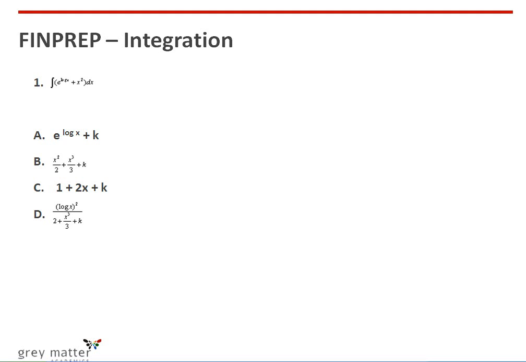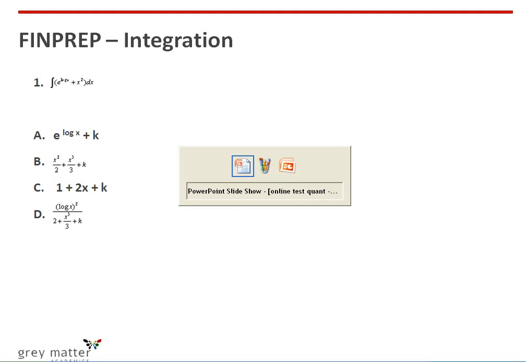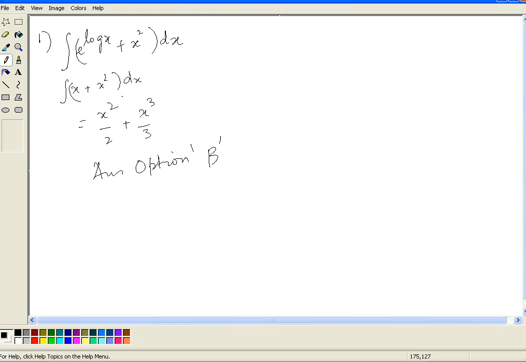Going to the first problem, it says we need to find the integral of e power log x plus x squared dx. Going to our work area, e power log x is given as x, so the integral of x plus x squared dx would be x squared by 2 plus x cubed by 3 plus a constant c.